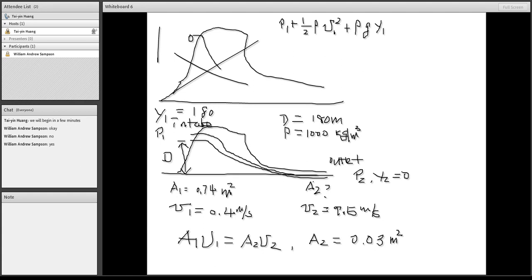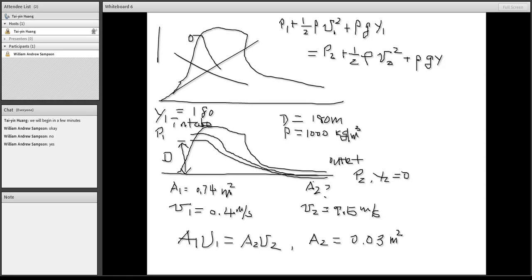And that must be equal to the pressure on the outlet. So that's your P2, plus 1/2 density of the fluid times V2 square, plus rho g times your Y2.